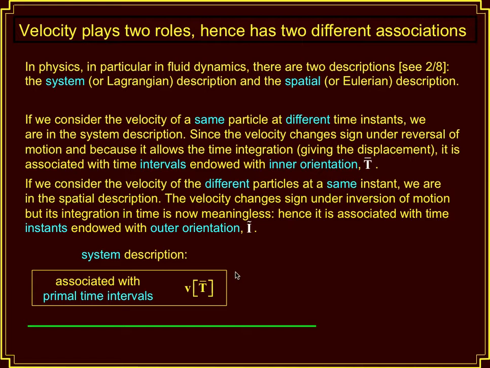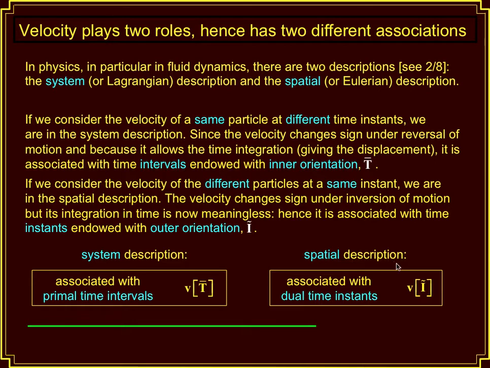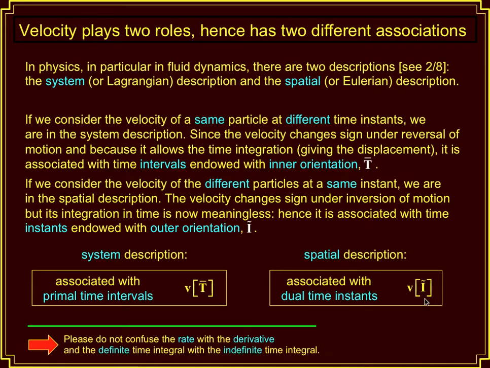Hence, in the system description, or Lagrangian description, velocity is associated with primal time intervals. On the contrary, in the spatial description, also called the Euler description, velocity is associated with dual time instants. Please do not confuse the rate with the derivative and the definite time integral with the indefinite time integral.